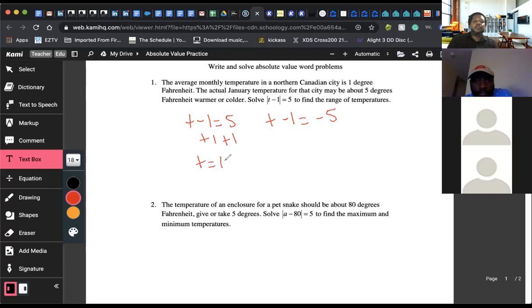So t is equal to 6 and t is equal to -4. All right. So my range of temperatures, right, is anywhere from -4 to 6.